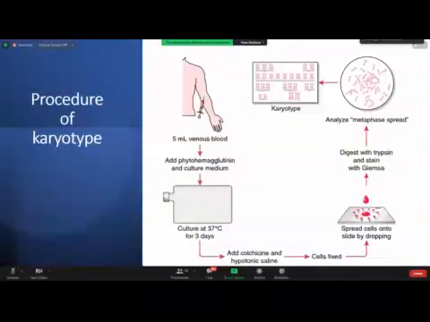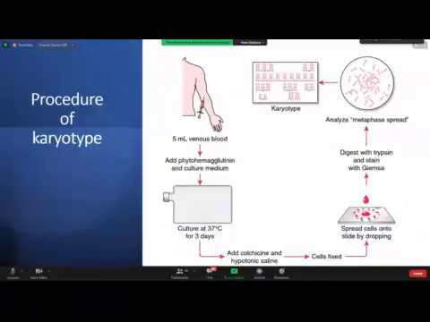And how do we do that? For this we need cells, so either we take blood, or if I'm working on some cell line and want to do the karyotype of that cell line, the cells are already in culture, so I will start from the cells. But if I'm doing the human karyotype, I'll take the blood, and of course again different media, different reagents.